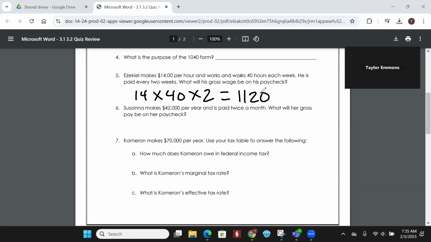Susanna makes $42,000 per year and is paid twice a month. What will her gross pay be on her paycheck? All right, so she makes $42,000 a year. How many months do we have? 12. Okay, so if we divide that by 12, what do we get? 35. Okay, and then she's paid twice a month, right? So we're going to divide that by 2.